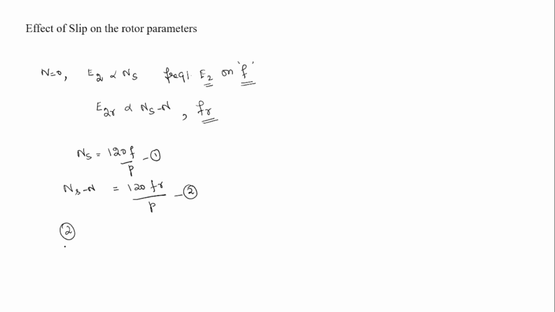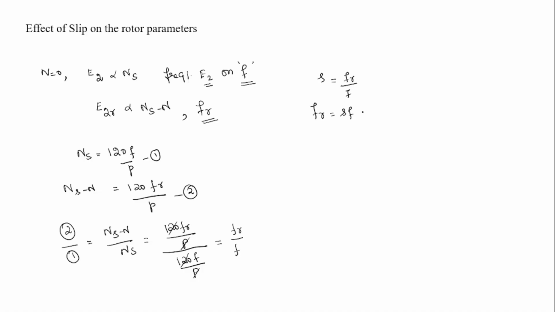If we divide equation 2 by 1, we will get ns minus n by ns is equal to 120 Fr by P divided by 120 F by P. The 120 by P will get cancelled. The remaining terms will be Fr by F. On the left hand side, we will have s is equal to Fr by F, or this can be written as Fr is equal to s times F. So this is equation number 3.